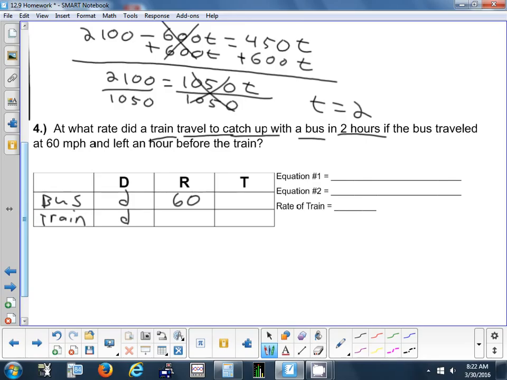That's how I would word it. It sounds a little easier that way. So the train traveled 2 hours to catch up with the bus. Okay, so we know that. Now, what does it say next? It says the bus traveled at 60 and the bus left an hour before the train.